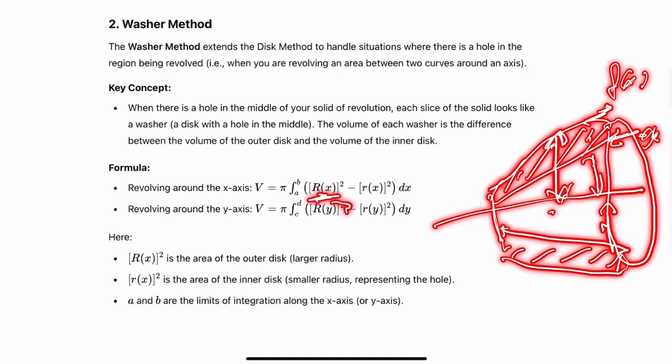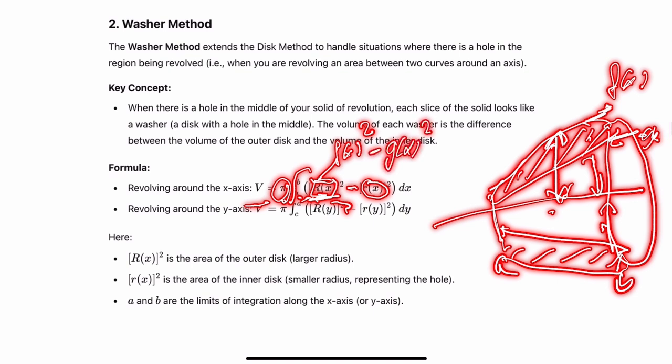So the volume will be pi times the integral between a and b of the outer radius squared minus the inner radius squared, or the outer function squared minus the inner function squared, times dx.